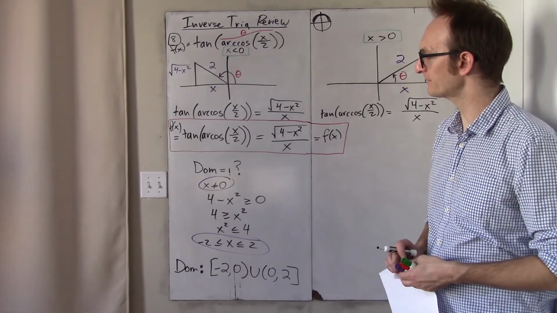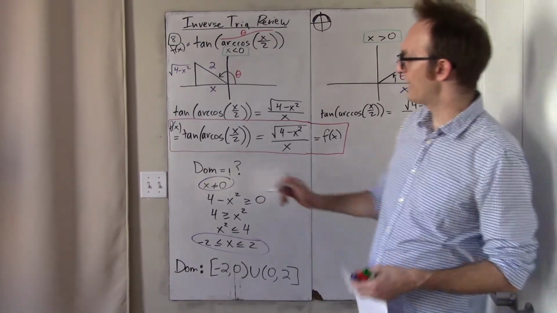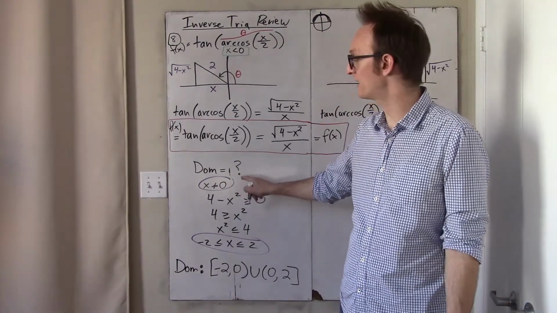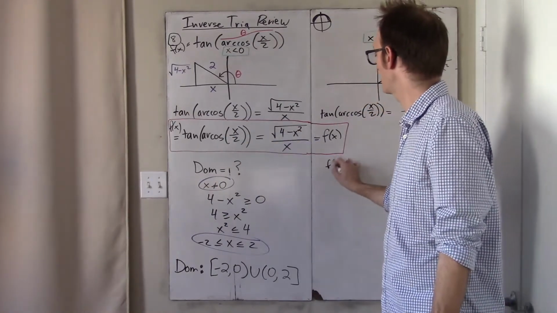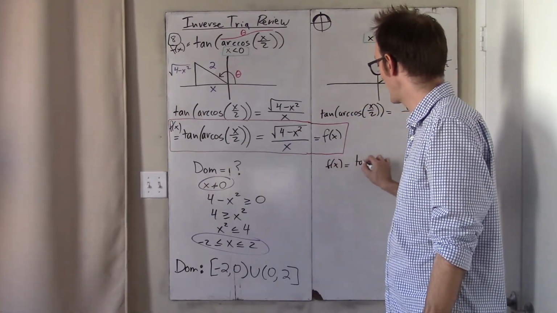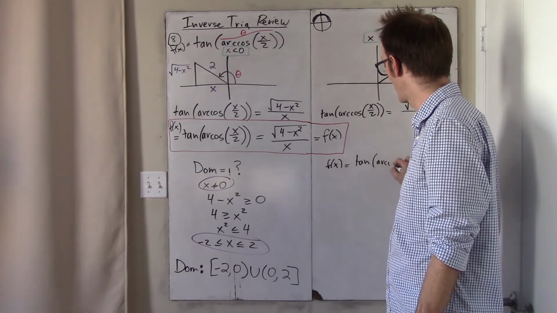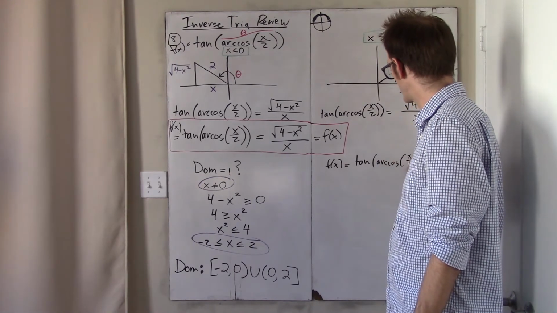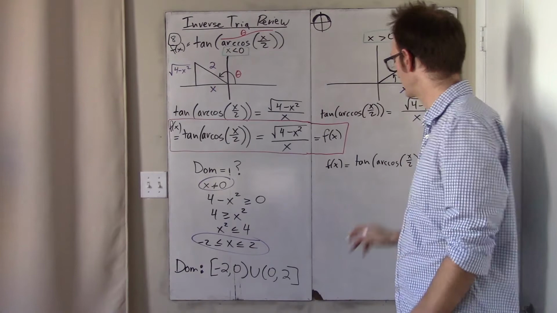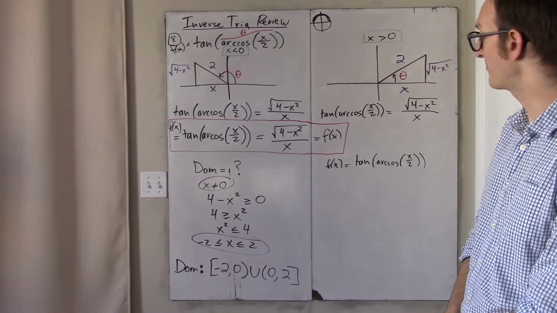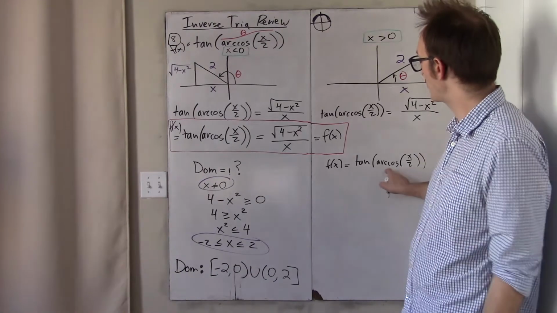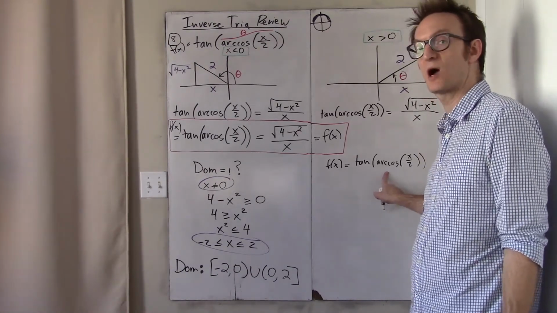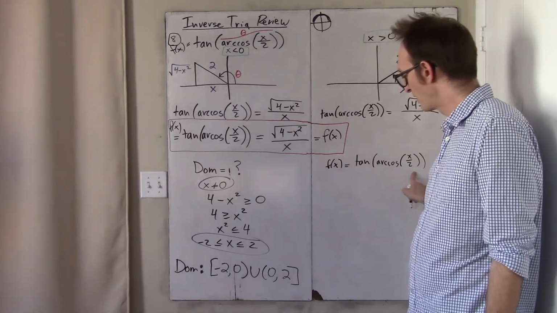And that is to answer the domain question using the original version of the function. So here is my function, tan of arc cosine of x over 2. This one is now going to be a little bit tricky because you have to know a lot of things. What kinds of things am I allowed to take the arc cosine of?